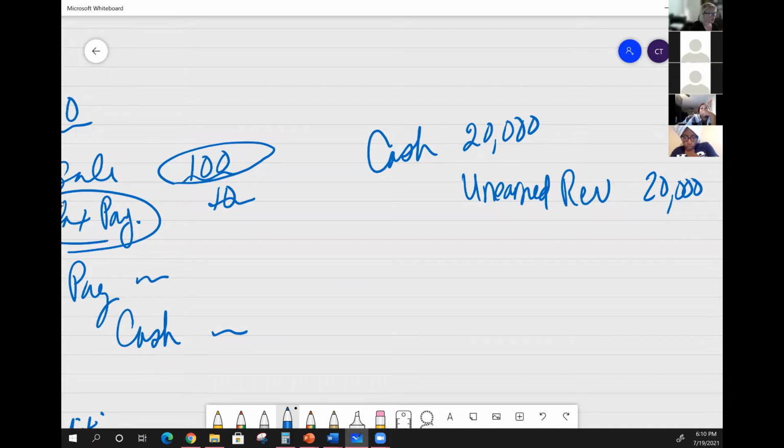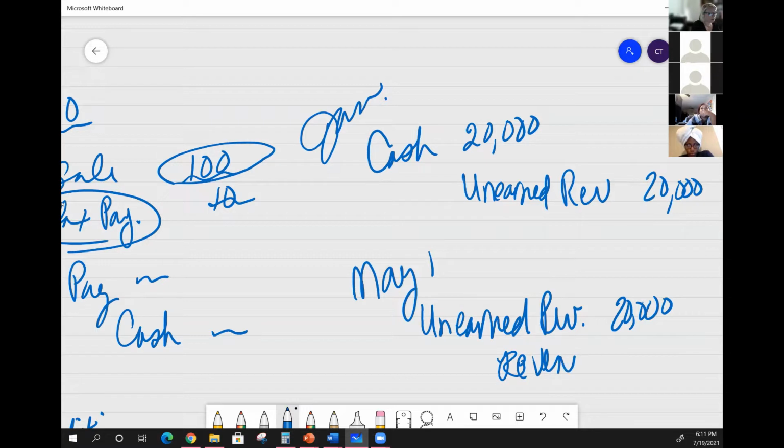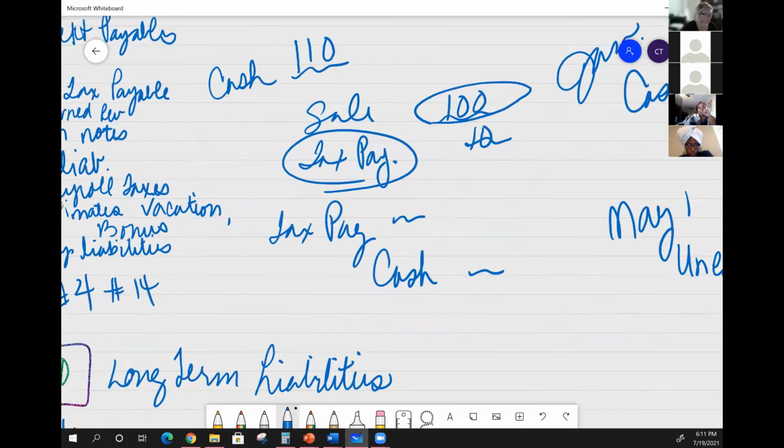And when I perform those services, let's say I got paid in January and everything's completed by May 1, on May 1, I'm going to do an adjustment to my books and I'm going to clear out that unearned revenue with the debit. And then I'll credit my revenue account, whatever that might be, services for accounting or tax, however you have it broken out in your general ledger chart of accounts.